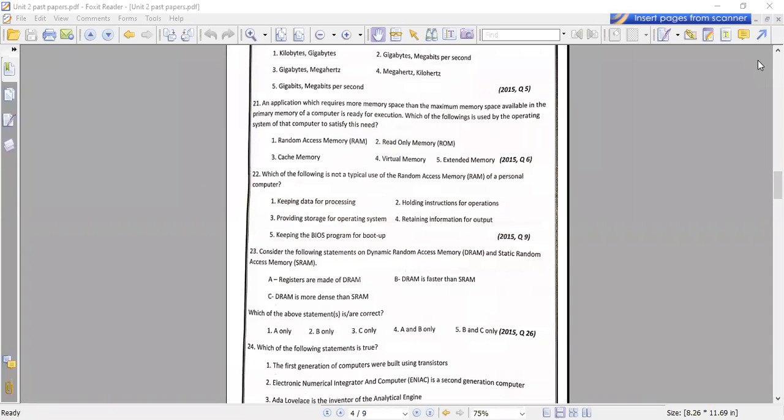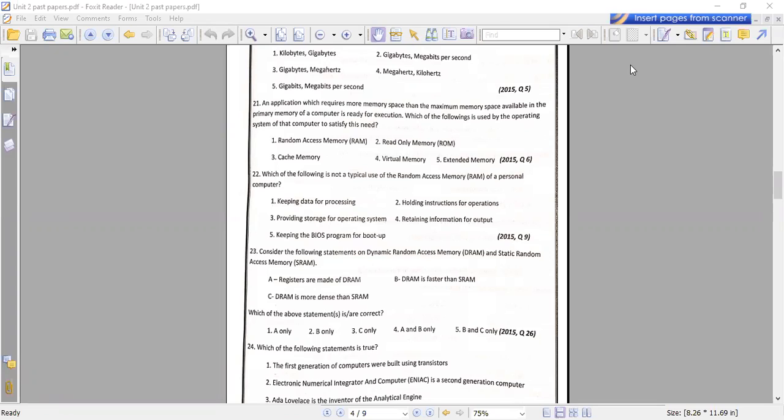An application which requires more space. Okay, you will submit answers. I will share the result also. First question we'll see.